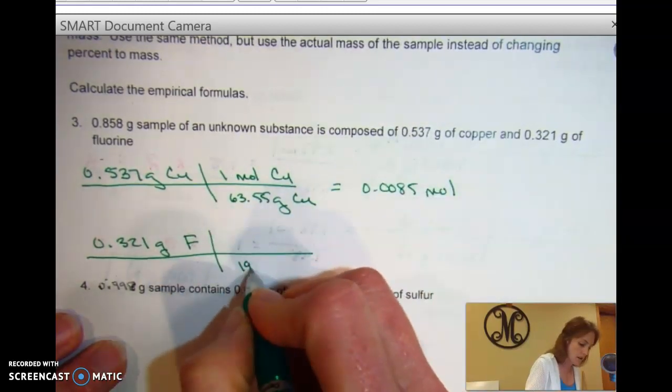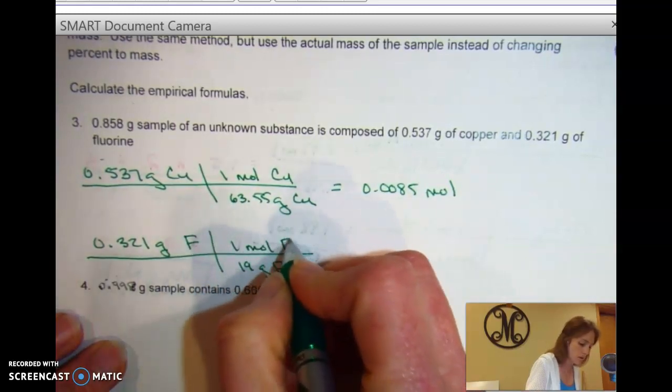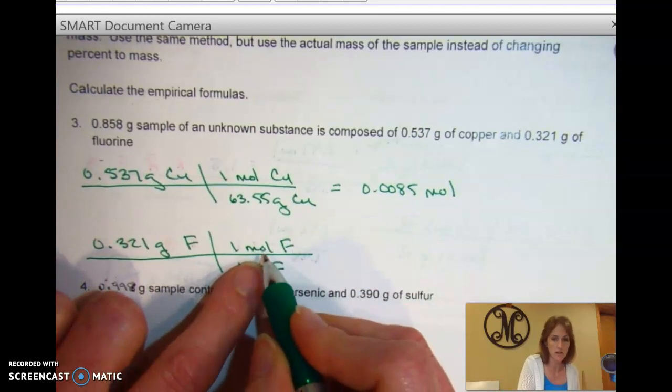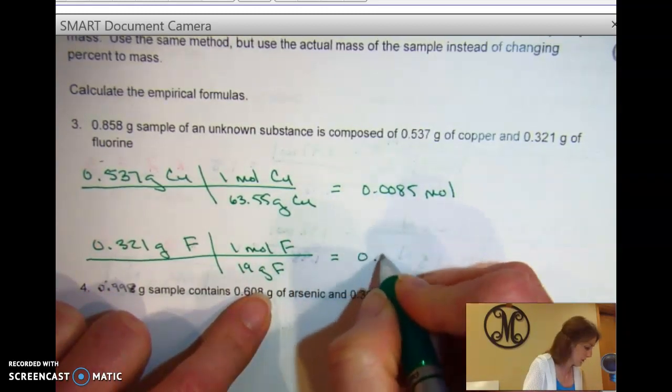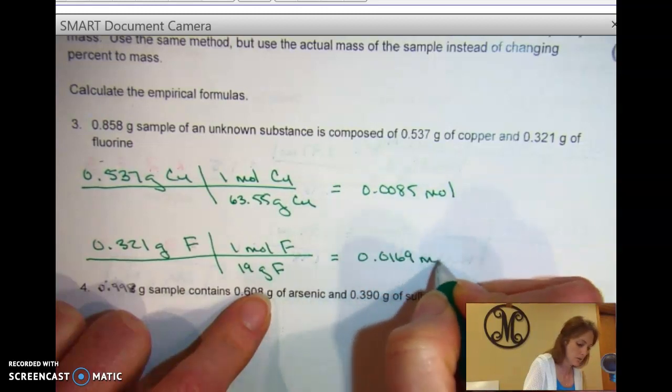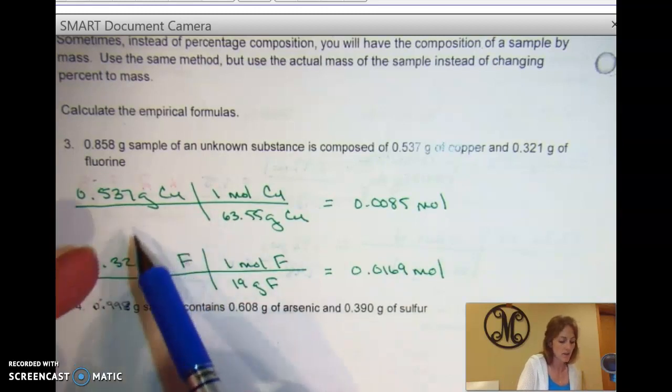We have 19 grams of fluorine here for every 1 mole of fluorine. Notice I always put my unit and my substance. 0.0169 moles.